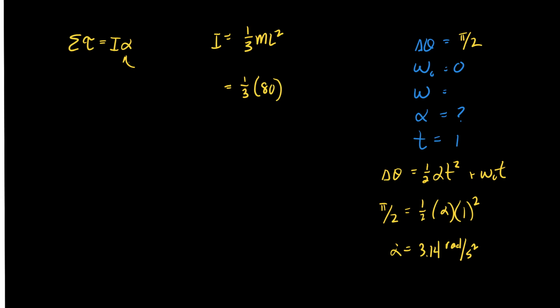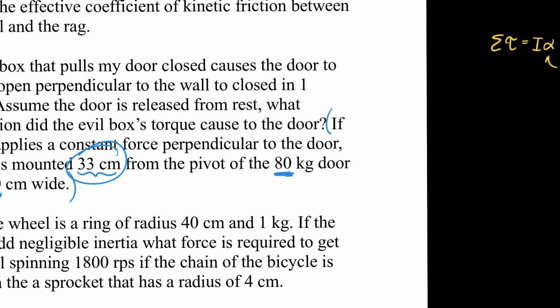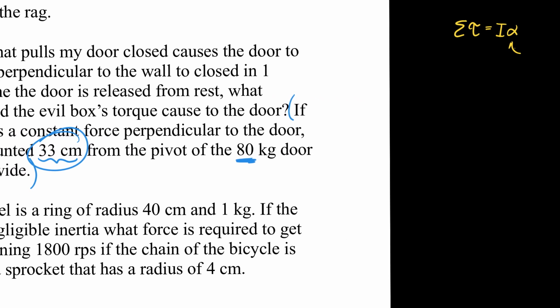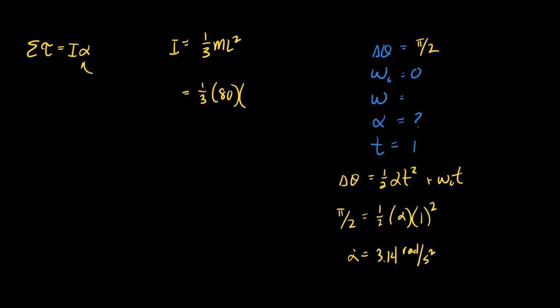So 80 kilograms and is it 80 centimeters too? 80 kilograms and 80 centimeters. All right. So numbers. So I get, that can't be right. 80 squared times 80.